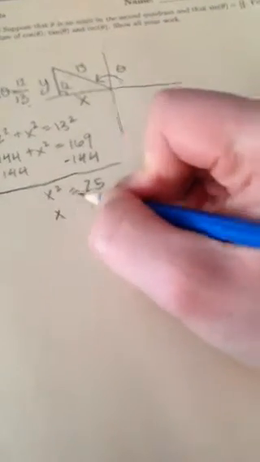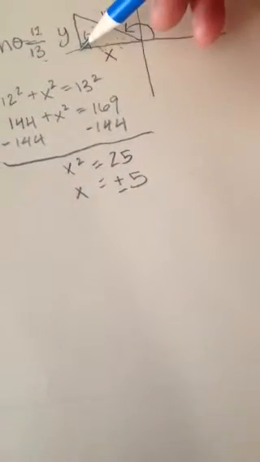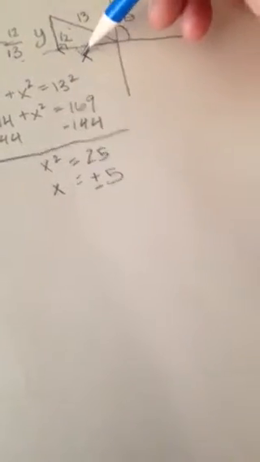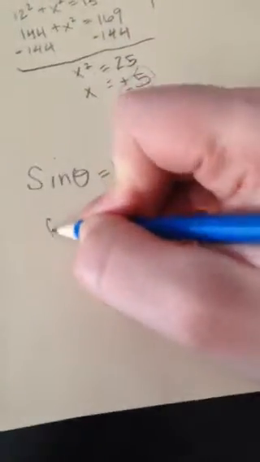That means x could equal plus or minus 5. Since we're in the second quadrant and we're going to the left, left is negative, so x has to be negative 5.